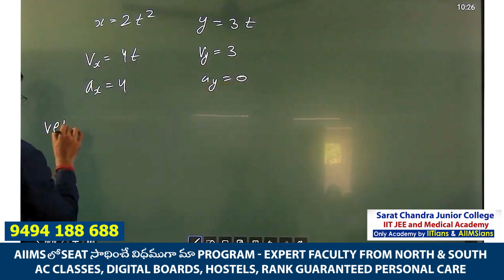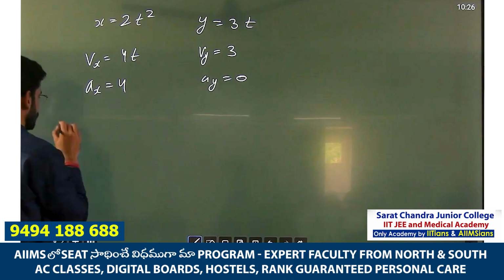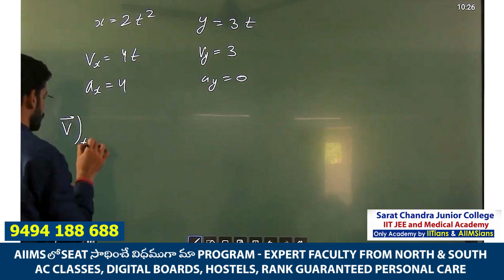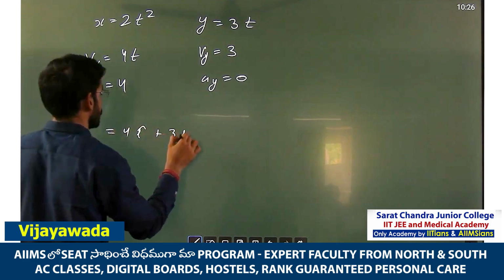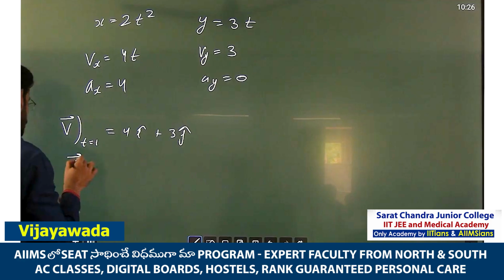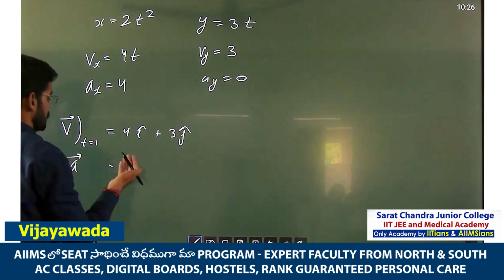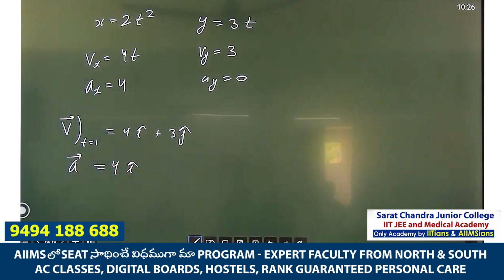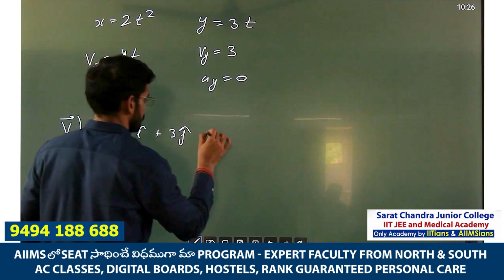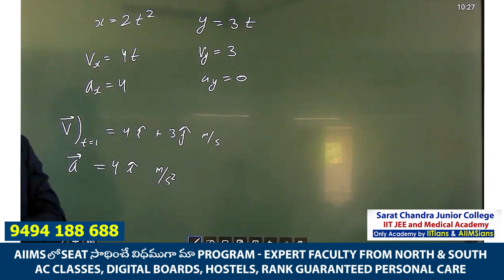So velocity at t equal to 1, v vector at t equal to 1. How much? 4 i cap plus 3 j cap. Acceleration at whatever point he is asking, doesn't matter. It will be how much? 4 i cap. Okay. Here you can put unit also, meter per second and meter per second square, like this. Okay. You'll just understand.